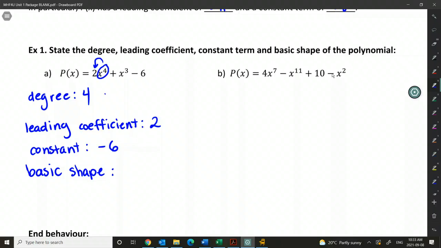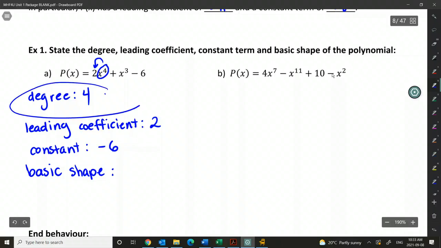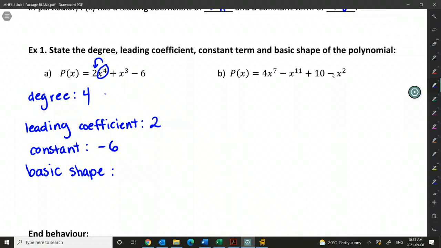Okay, and then our basic shape is going to be based on whether our degree is even or odd. Oscar, do you have an answer for this one? U-shaped. So this one is an even degree, an even number, so that means it will take on that U shape that we talked about with our power functions.